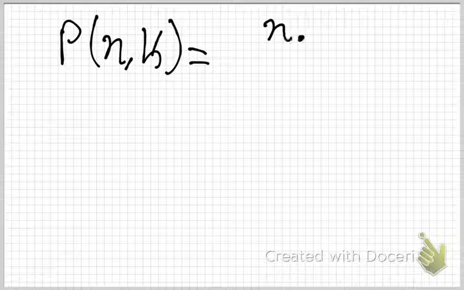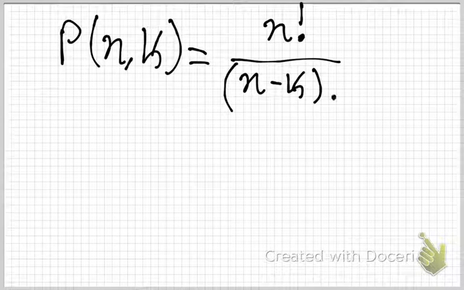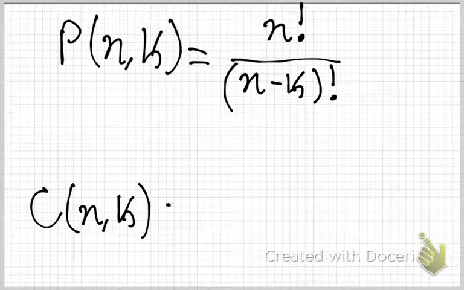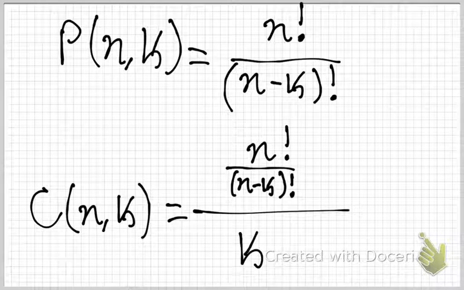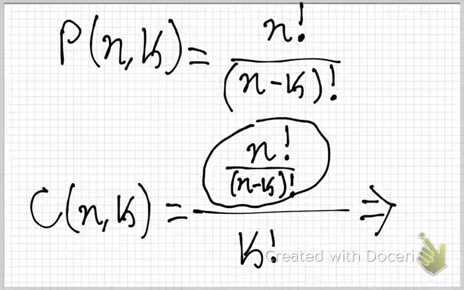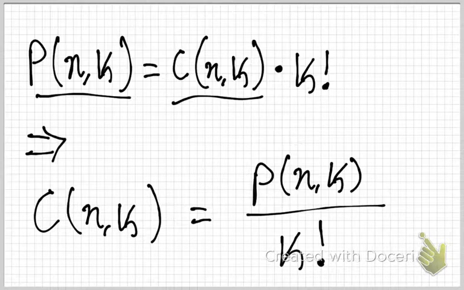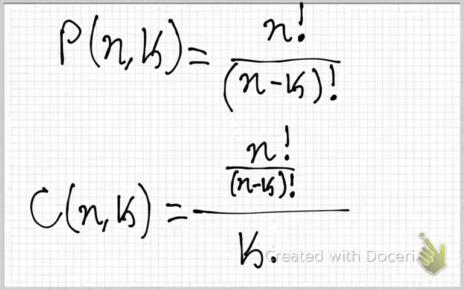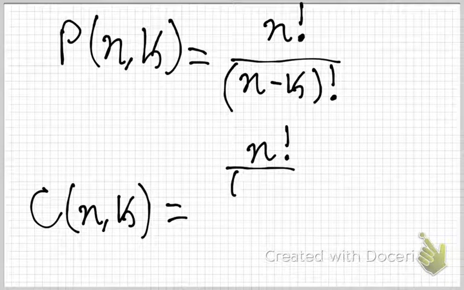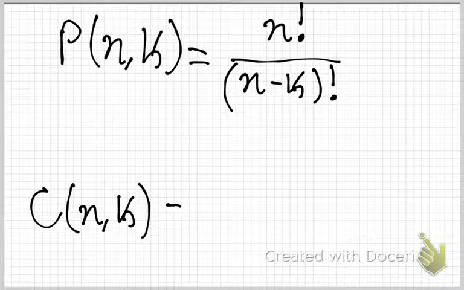Now, what we're going to do is continue to derive the formula of C(n,k).